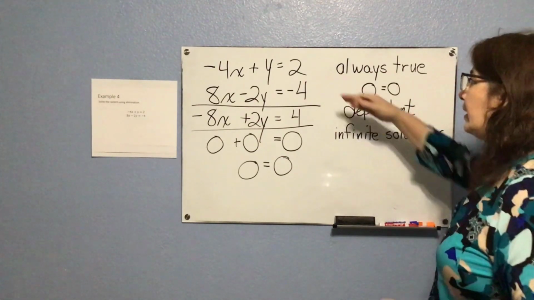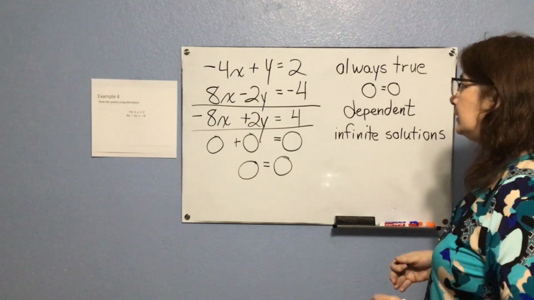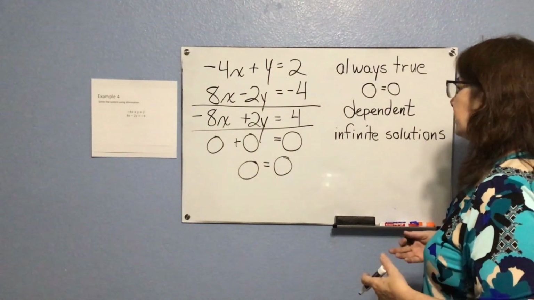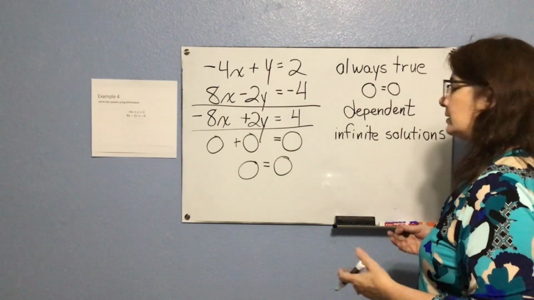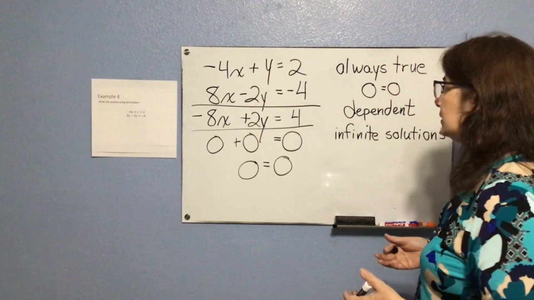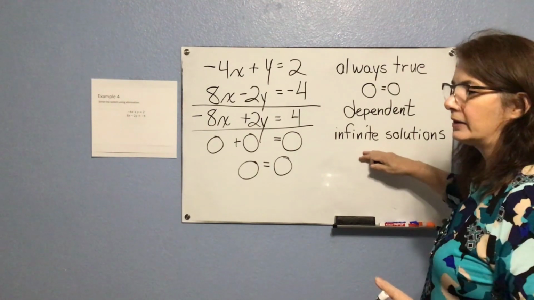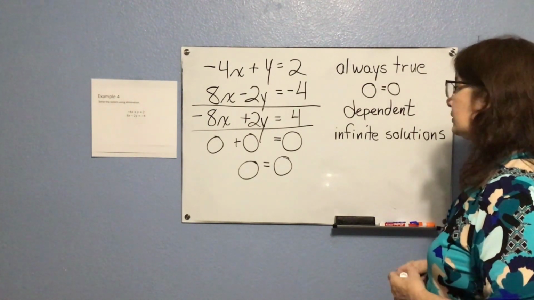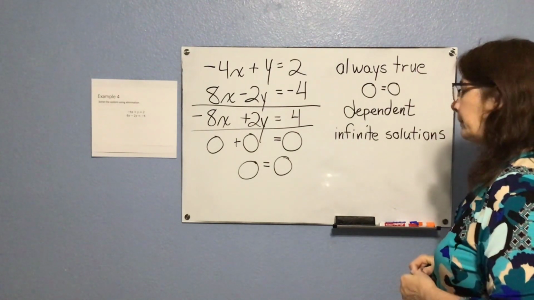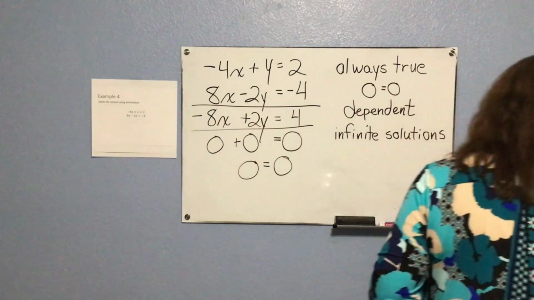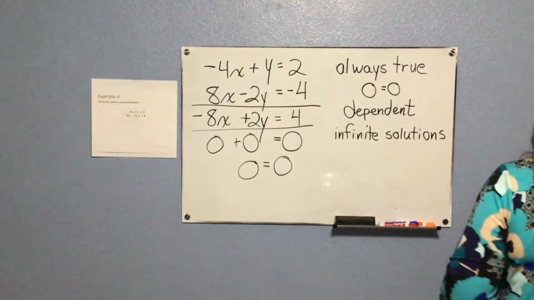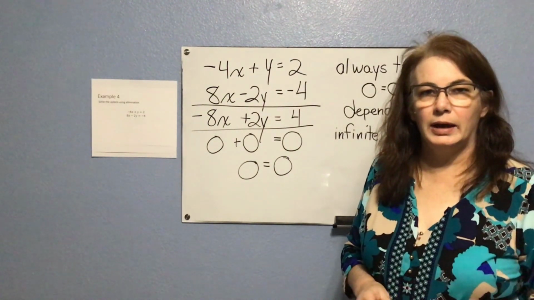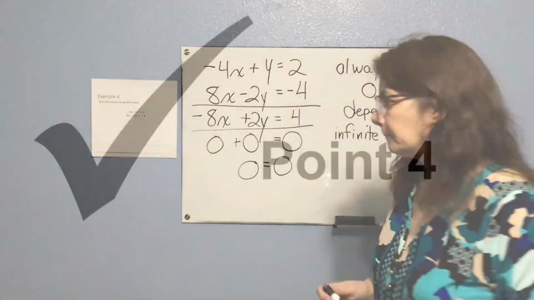I can pick any value for x, and when I solve for y, it's always going to come out so that the x's and y's cancel out and have no effect on the solution. So this is called a dependent system. Pause the video now and work on checkpoint 4.